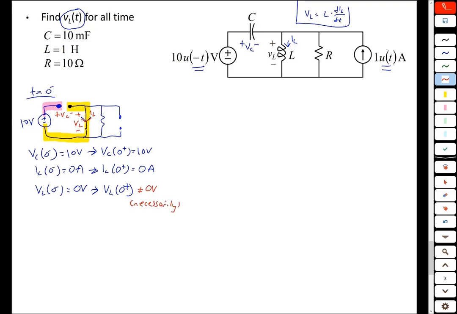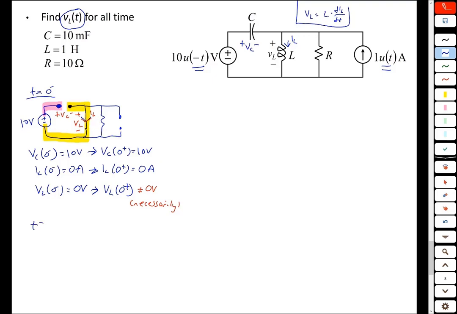We may find that it could possibly equal that, but there's nothing that says that it has to equal 0 volts. Once we have the initial conditions, we now want to redraw the circuit for t greater than or equal to 0, and then see what it looks like at time infinity and come up with our final conditions.